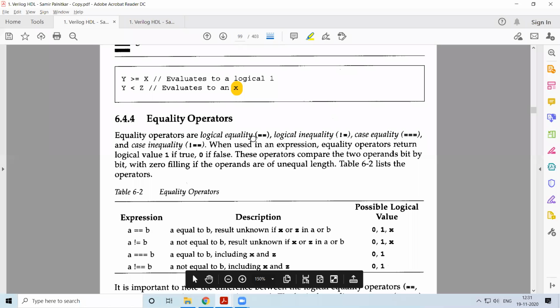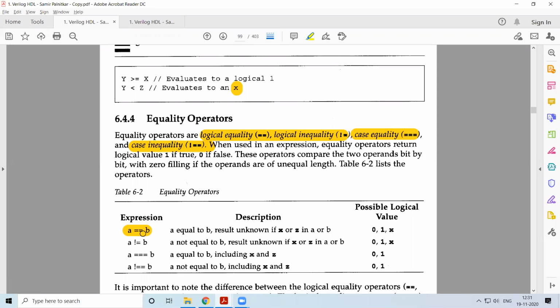Then we came across equality, in which we had logical equality and logical inequality. The special thing was case equality and case inequality. In logical equality, you are just looking for zeros and ones. If x and z come in the bits, then the result will be the ambiguous value. So for example, here a is equal to b, with only two equal signs.